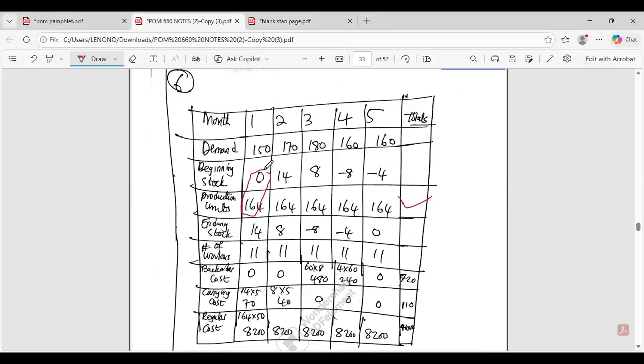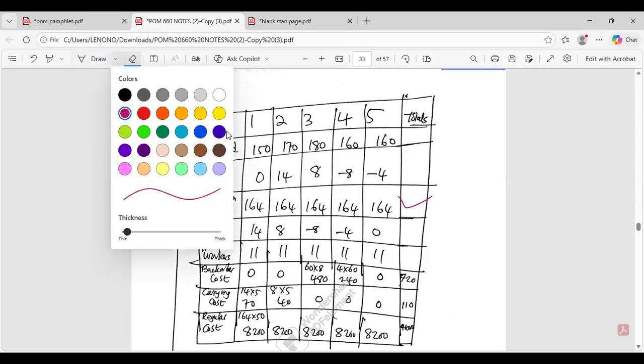What answer are we remaining with, madam? 164 minus 150. 14. So this is the 14 that you can see here.